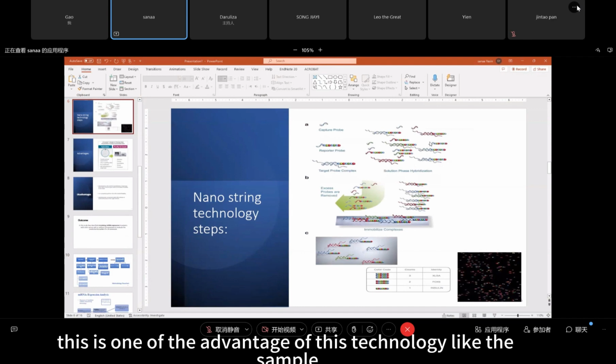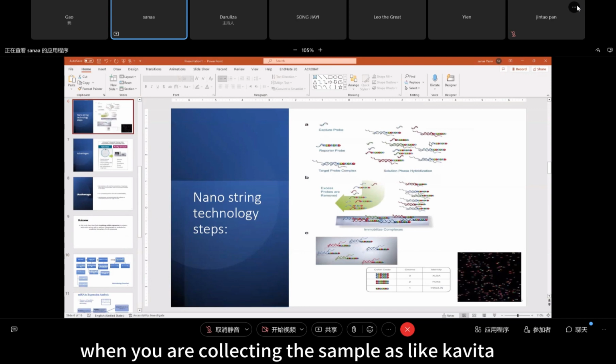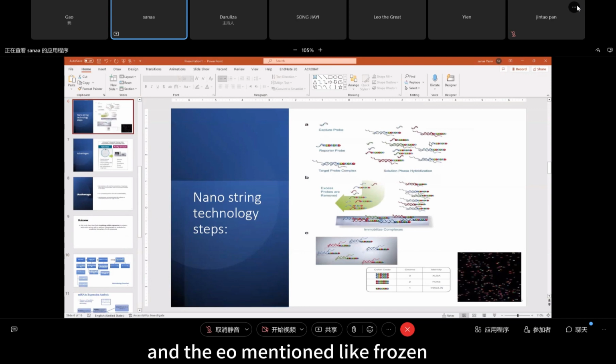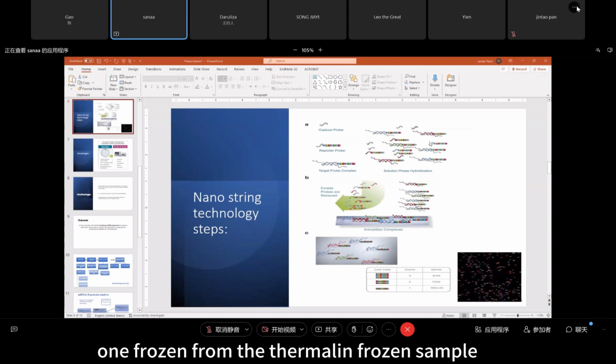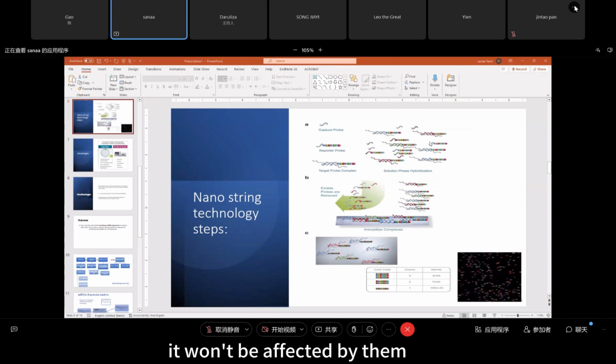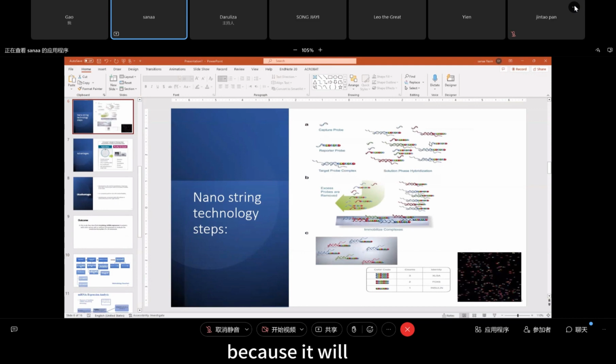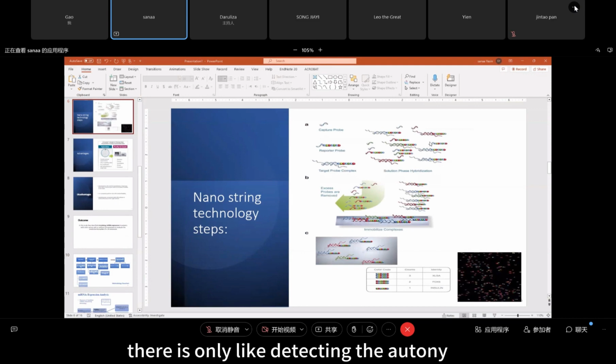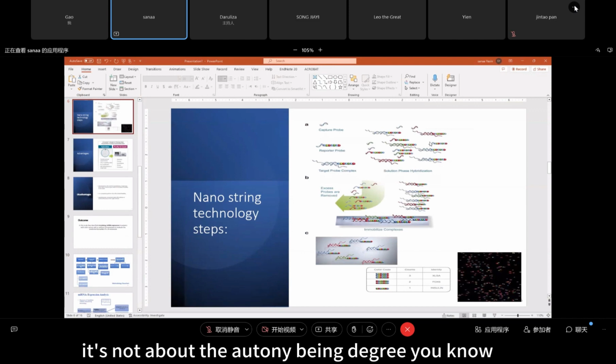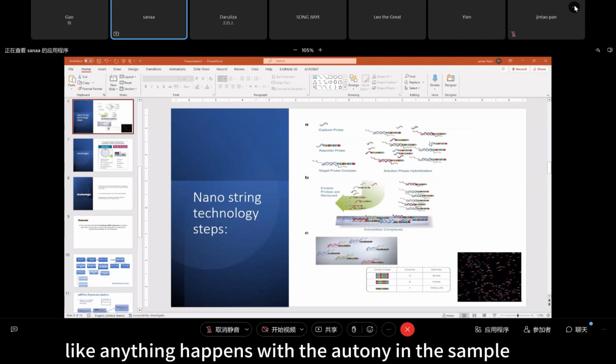When we are collecting samples, as Kavita and Leo mentioned, like frozen or formalin-fixed samples, it won't be affected by the freezing and treatment of the sample, because it is only detecting the RNA. It's not about the RNA being degraded or anything happening to the RNA in the sample.